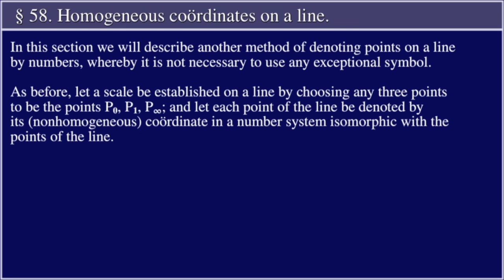As before, let a scale be established on a line by choosing any 3 points to be the points P0, P1, P infinity, and let each point of the line be denoted by its non-homogeneous coordinates in a number system isomorphic with the points of the line.